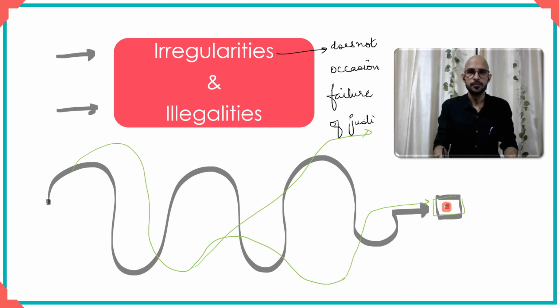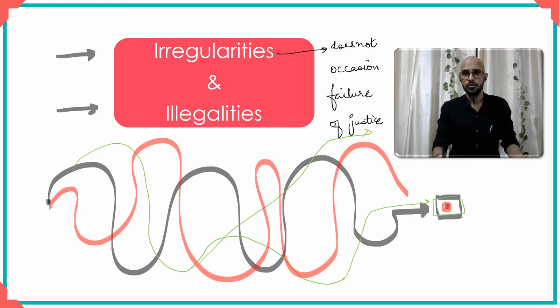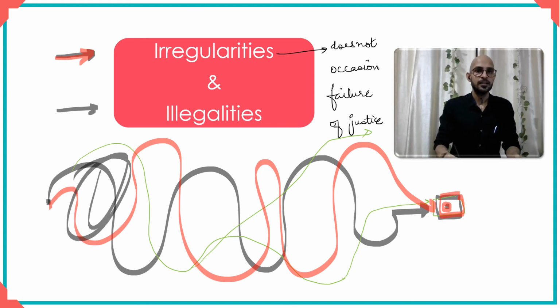What that means is that despite not having followed the path, let us say you took a different route. You started from here, you went somewhere else, but finally you landed up in the right place. That means there was no failure of justice. In such a scenario, this may be an irregularity. However, an irregularity that cannot be cured is an illegality. So what is an illegality? An illegality is an incurable irregularity.